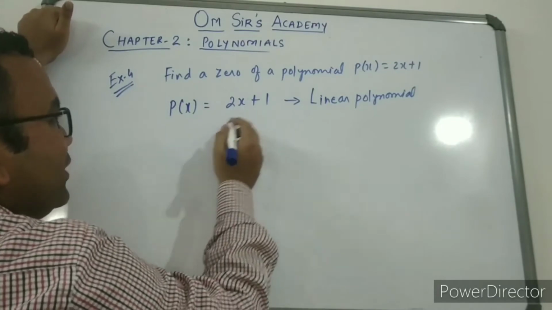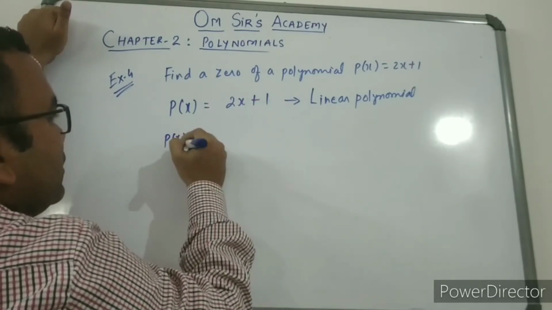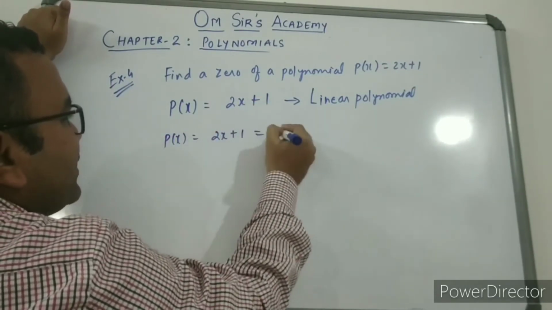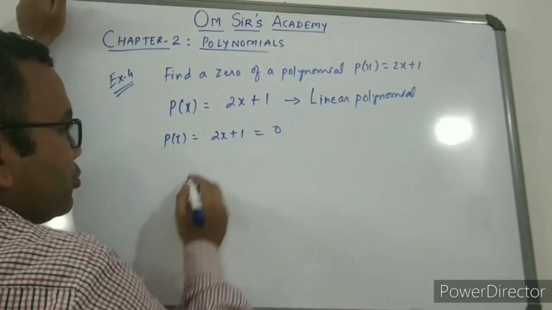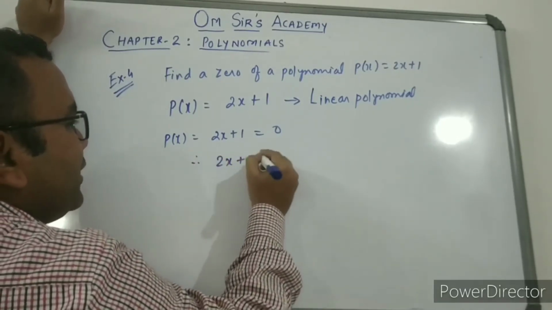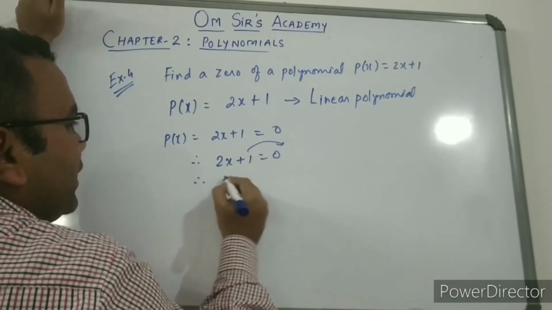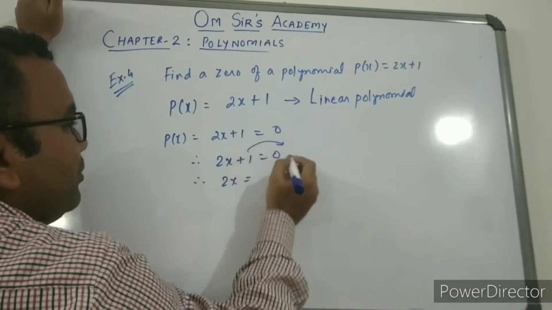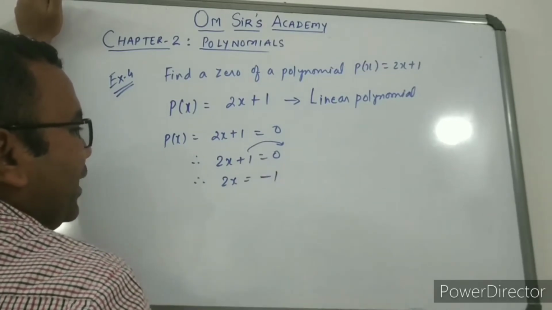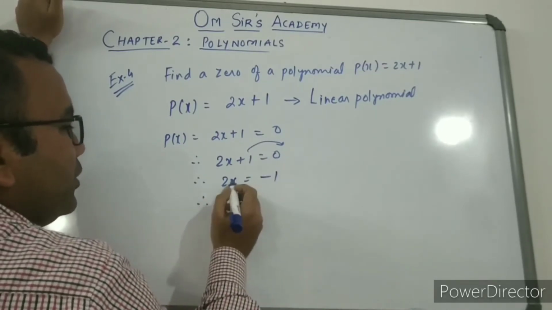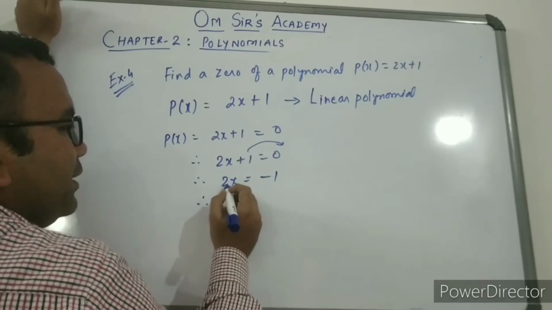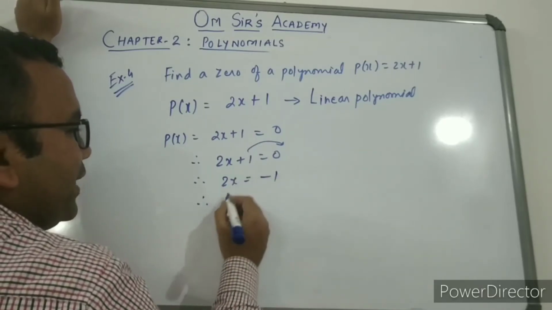Simply what we have to do is put 2x plus 1 equal to 0. So 2x plus 1 equals 0. If you take this 1 to the right side, then we'll get 2x equals, this plus 1 will become minus, so it will be minus 1. And here 2 is multiplied with x. If I take 2 to the other side, it will get divided.